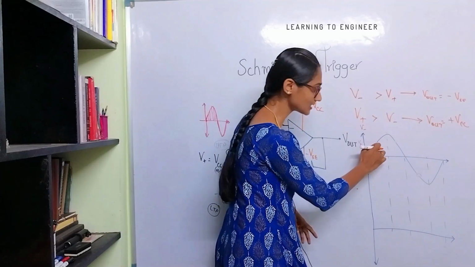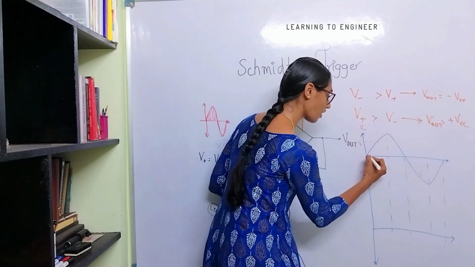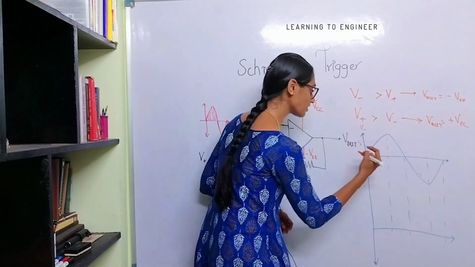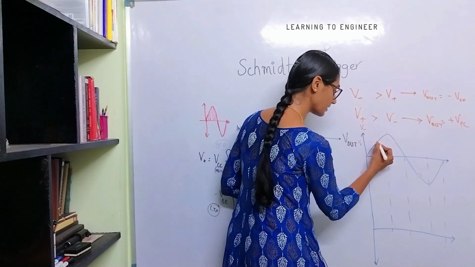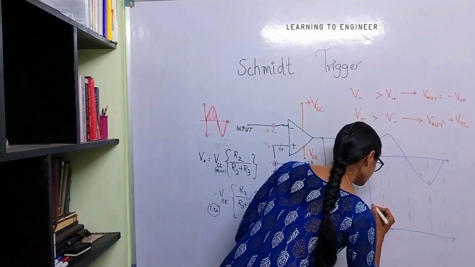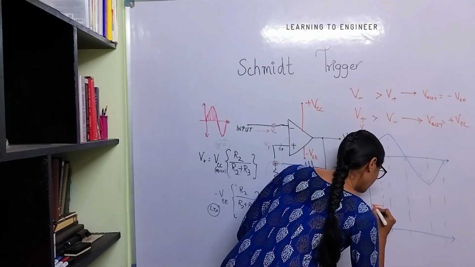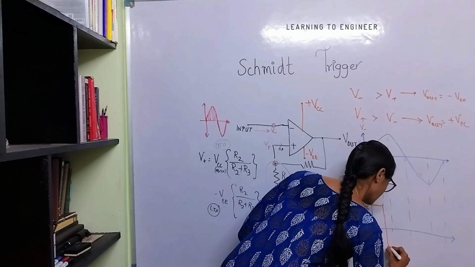This is V plus, and as long as V minus is from 0 up to this limit, the positive voltage will be higher. When V minus is equal to V plus, what happens? The output switches from plus VCC to minus VEE.